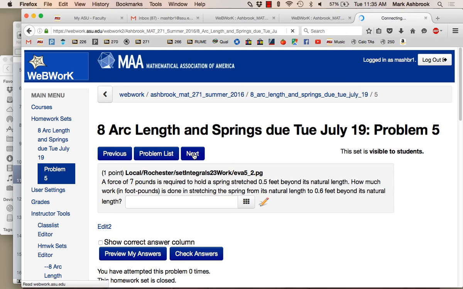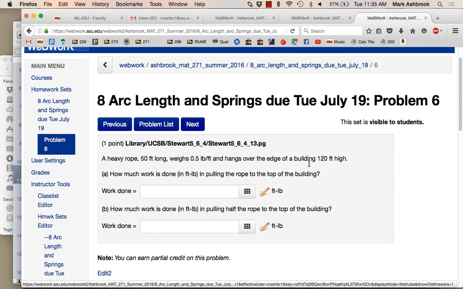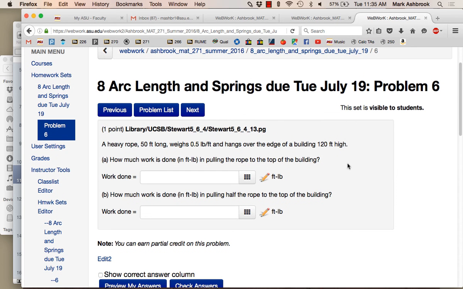So 6. Also similar to the example we did in class, is pulling half the rope to the top of the building half of the work.